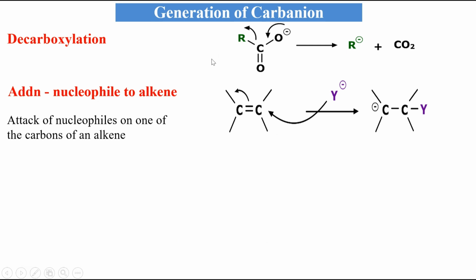Y minus is electron rich, and the pi electrons in the carbon-carbon double bond move away from the carbon, creating the positive center on the carbon which is nearer to the nucleophile. This electron rich nucleophile attacks this electron deficient carbon, and once this nucleophile gives its electrons, the pi electrons move onto the carbon, giving rise to a carbanion.